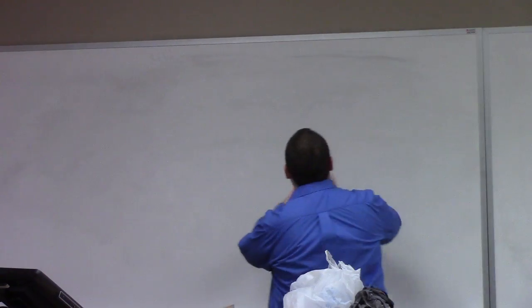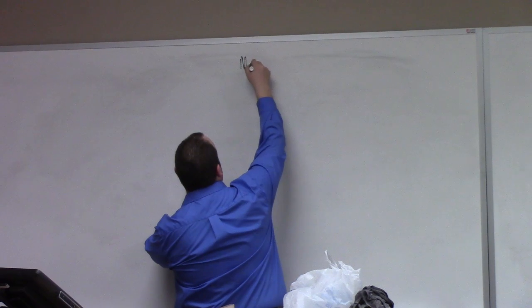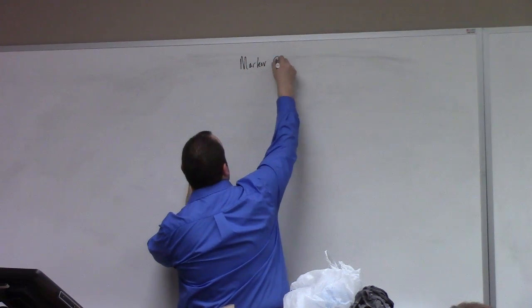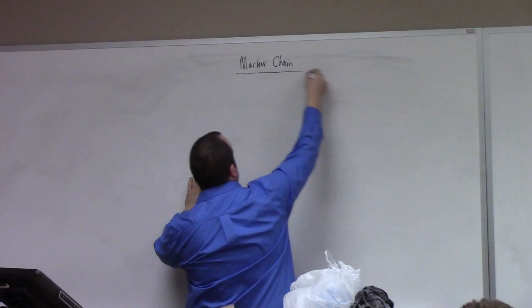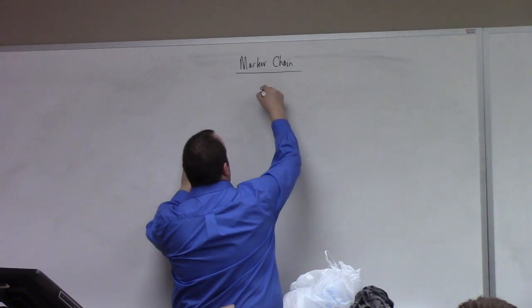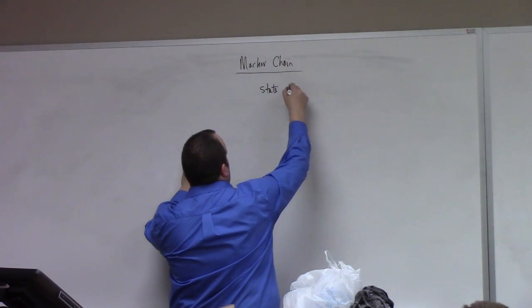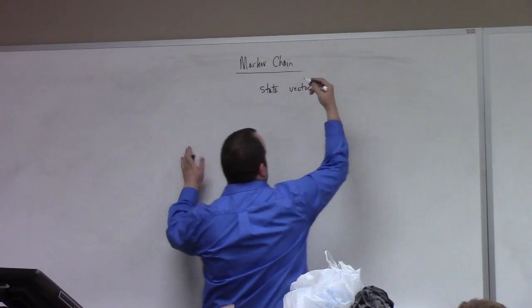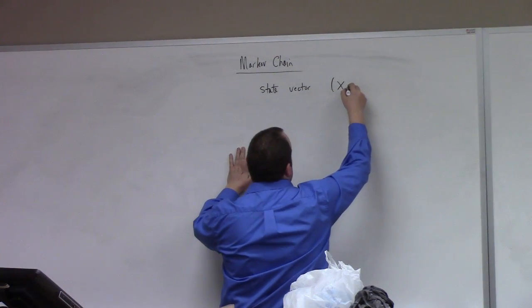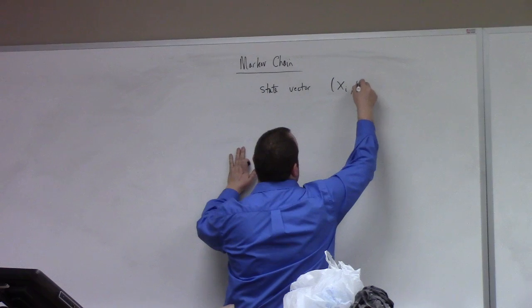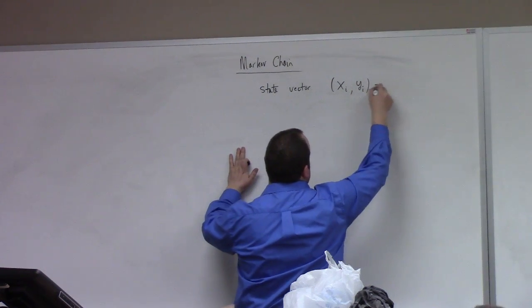So maybe some things like the discrete dynamical problem. Do you guys know what that is? The Markov chain thing. So the Markov chain thing: basically you have some state vector, something like x_i, y_i is equal to your vector.